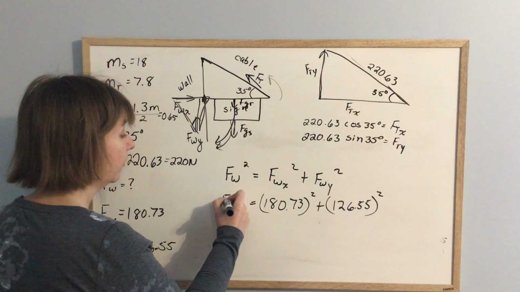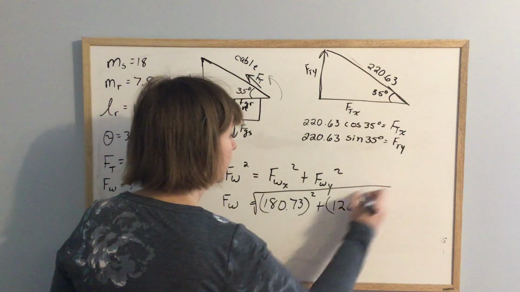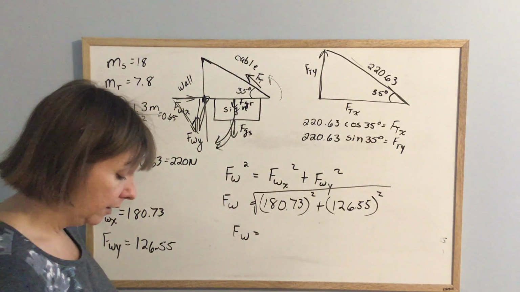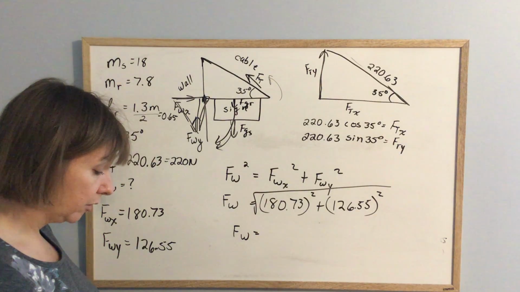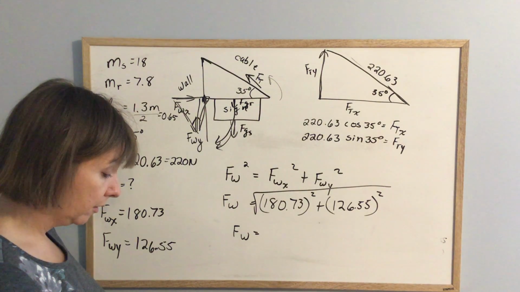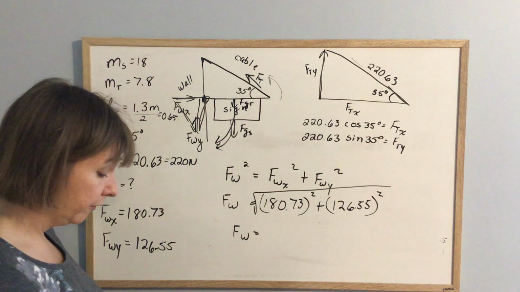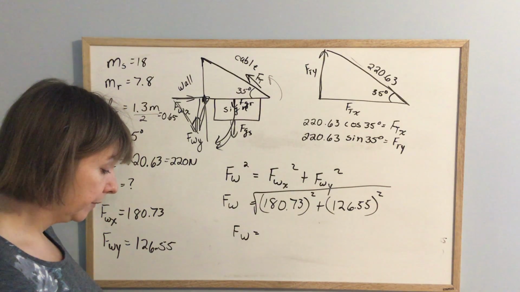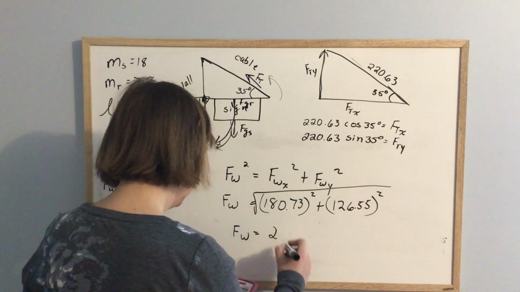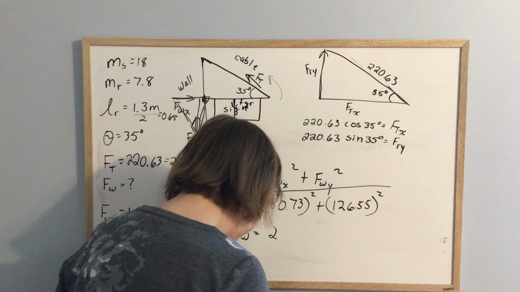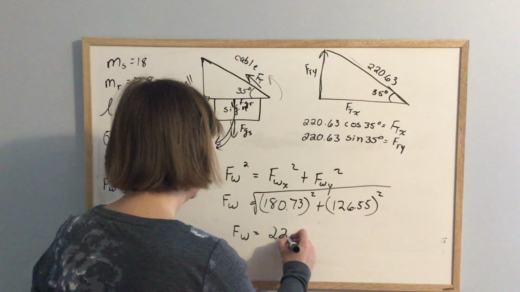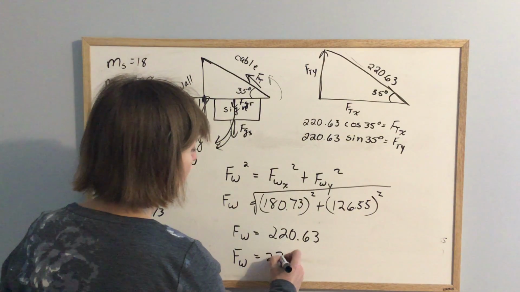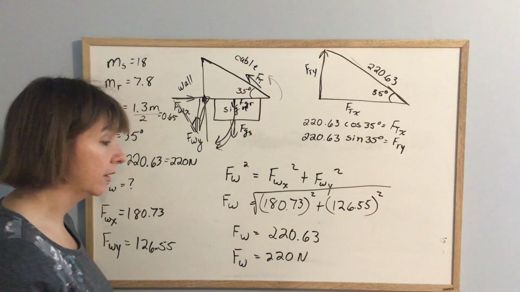And then because I want the force of the wall, not the force of the wall squared, I'm going to take the square root of the whole thing. And I get 220.63, which means it's 220 newtons when I pay attention to significant figures.